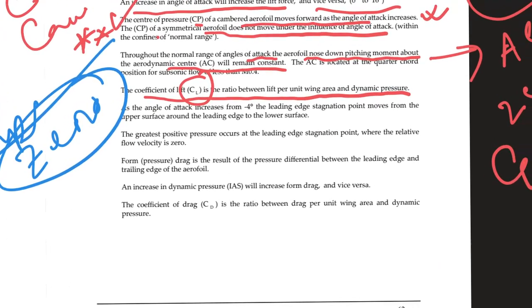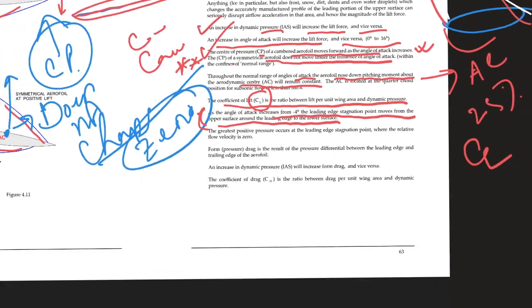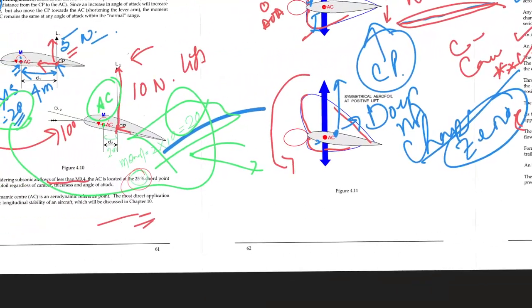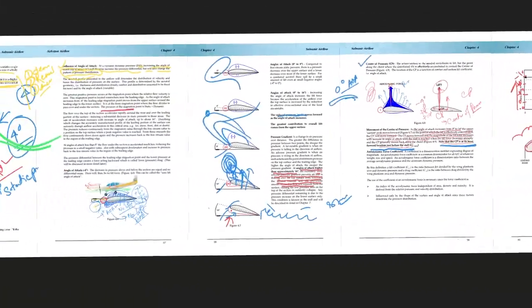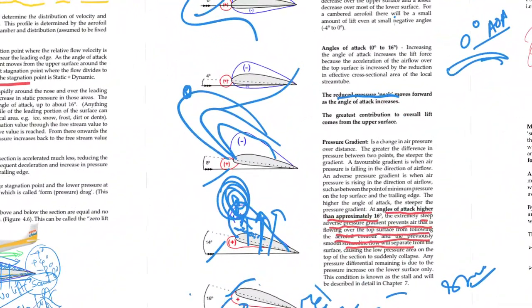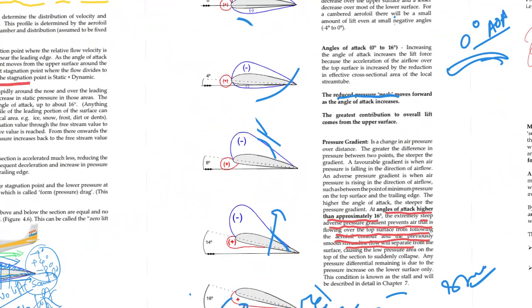Okay. As the angle of attack increases from -4 degrees, the leading edge stagnation point moves from the upper surface around the leading edge to the lower surface. Do you remember what it says? Already we discussed. Just let me take you back here. What it is saying: as the angle of attack is increased, let's say here 0 degree, 4 degree, 8 degree.